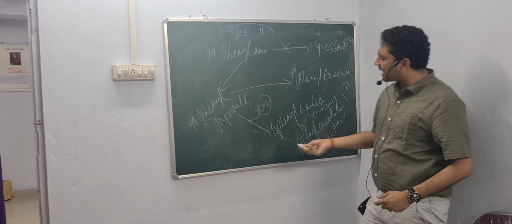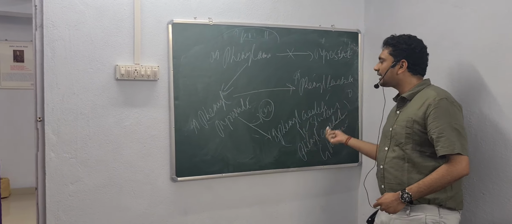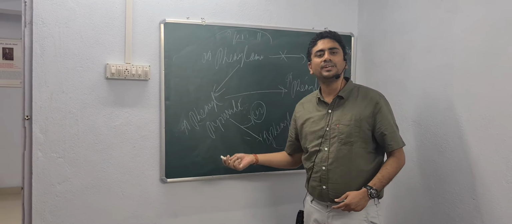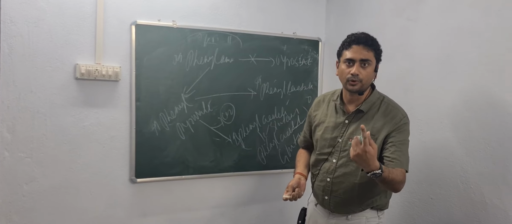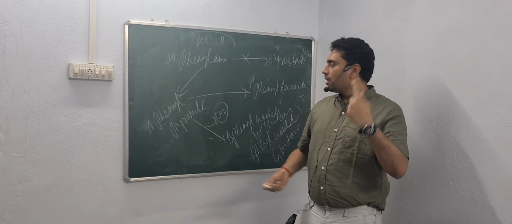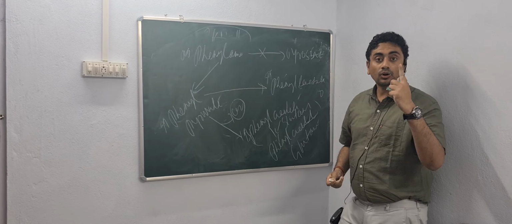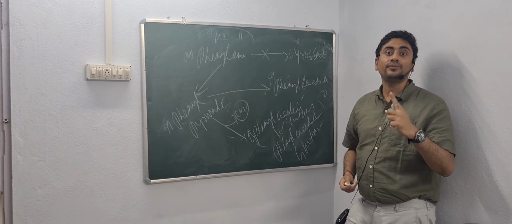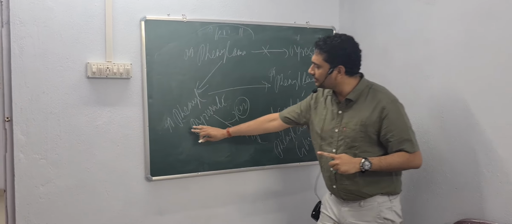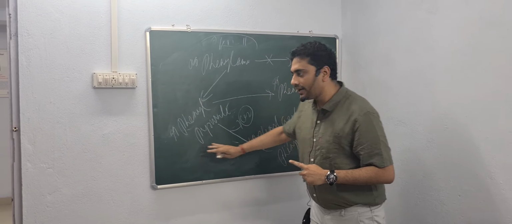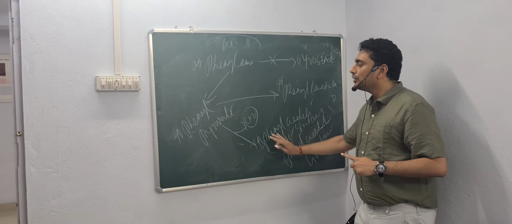You can see that phenylpyruvate and phenylacetate are phenylketones. That's why the name phenylketonuria has come, because of the appearance of phenylpyruvate and phenylacetate in urine. These are called phenylketones, and that's why it is called phenylketonuria.